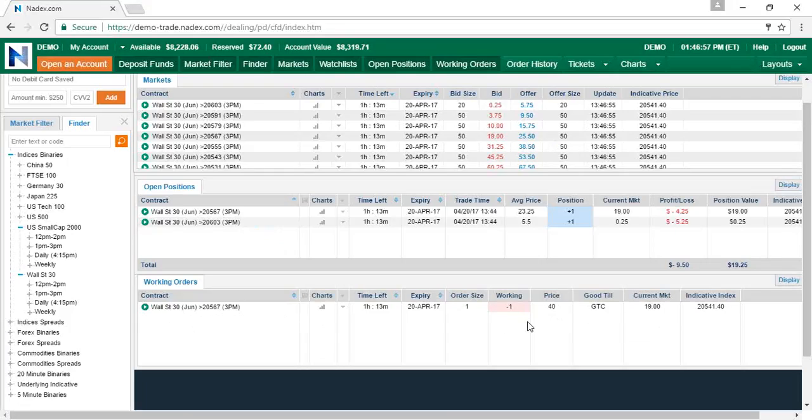And that way it's set in there. And if the market gets up there, boom, there we go, right? Now, does everybody understand that so far? Everybody understand about how to use the ladder, choosing the different options, placing the order, and then immediately placing a working order as your take profit order.